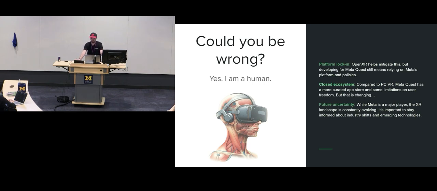And future uncertainty. So while Meta is a major player in the landscape, it's constantly evolving. It's evolved very quickly over the past 10 years. It'll continue to iterate even faster. And so when you build something, you need to make sure that you're also staying up to date with those industry trends, because the last thing you want to hear is that in 3 months, the headset that you're used to shipping your experience on is now going to be deprecated, or there's going to be some major API breakage that now none of your stuff works anymore.